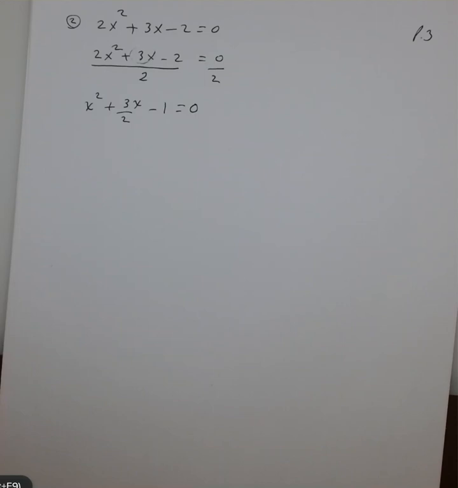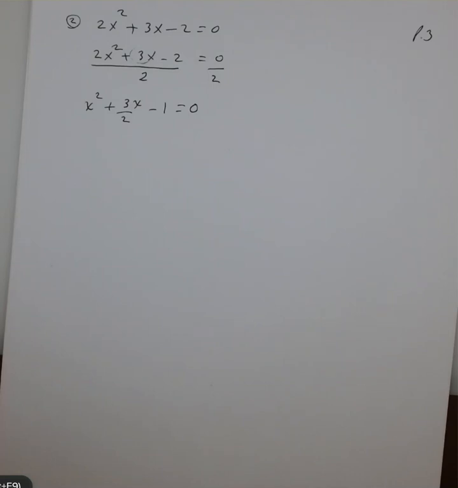Same process as the previous problem, except now the coefficient of x is a fraction. It's a fraction because when I divided both sides by 2, 3 divided by 2 is not an integer anymore.